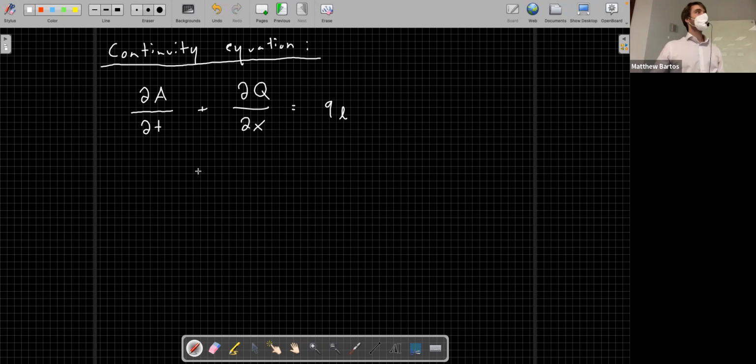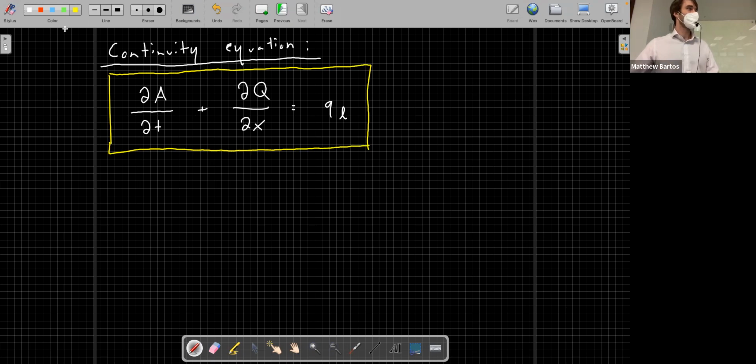Basically, what this is stating is that the change in mass within the control volume is equal to the flow in minus the flow out. Okay, so this is how it's expressed in differential form. Are there any questions with how I derived this equation here?